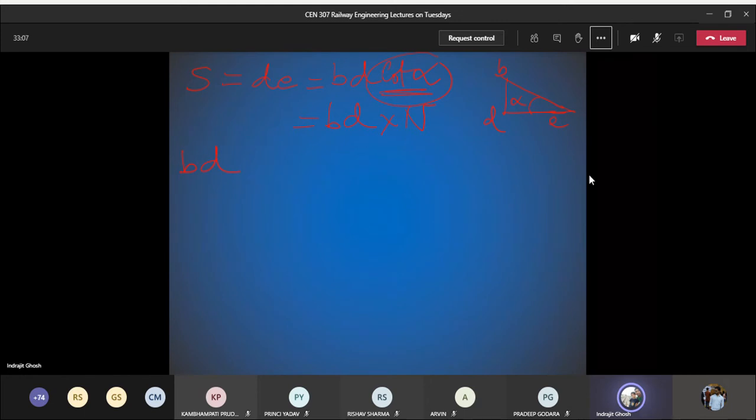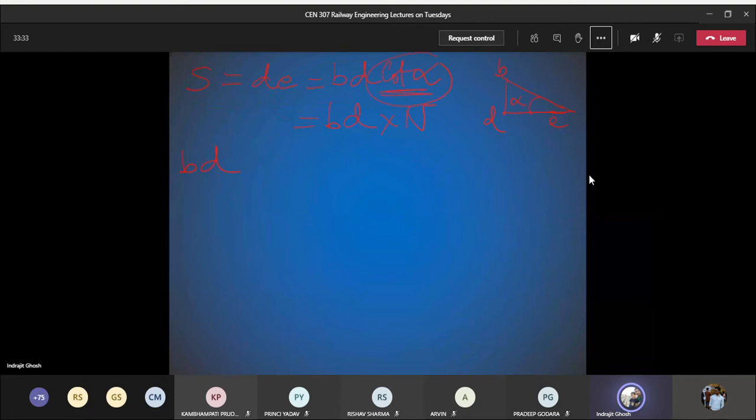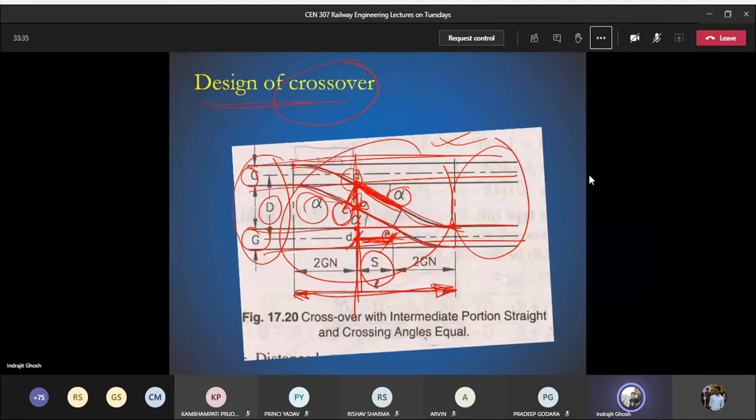Okay. Now what is BD? Let us go back to the previous diagram. What can we say about the portion between B and D? If we look at this particular vertical line, here in this vertical direction we have G, we have D. So can we say BD in terms of G and D?